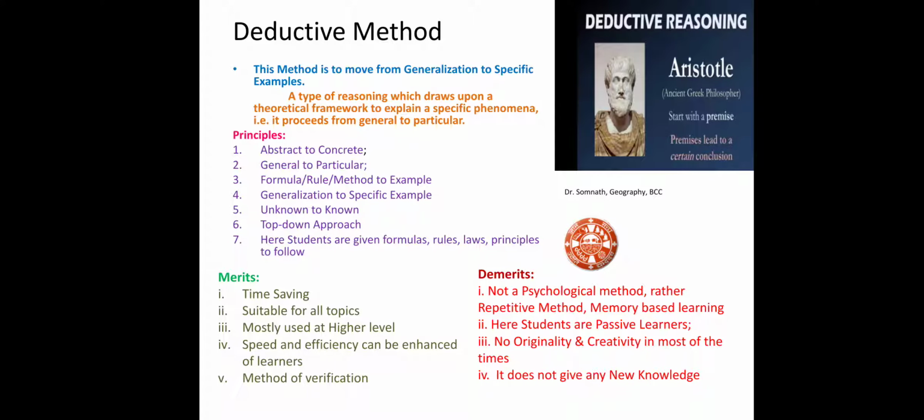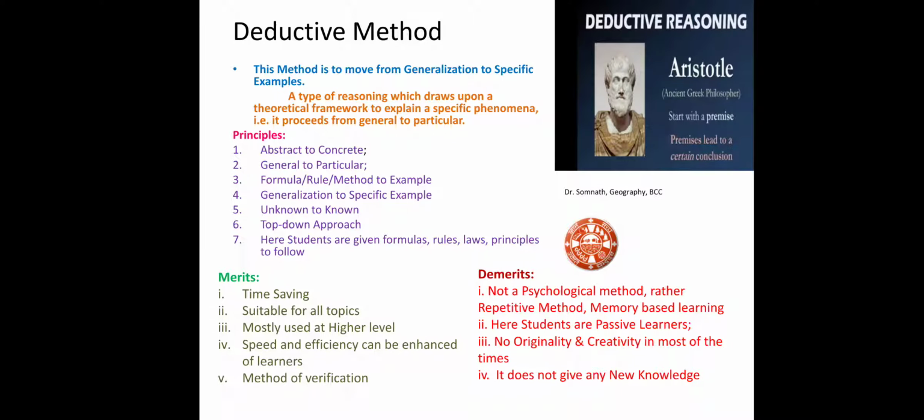It is a type of reasoning which draws upon a theoretical framework to explain a specific phenomena, that is, it proceeds from general to particular. It is also based upon some principles like it is actually from abstract to concrete ideas.